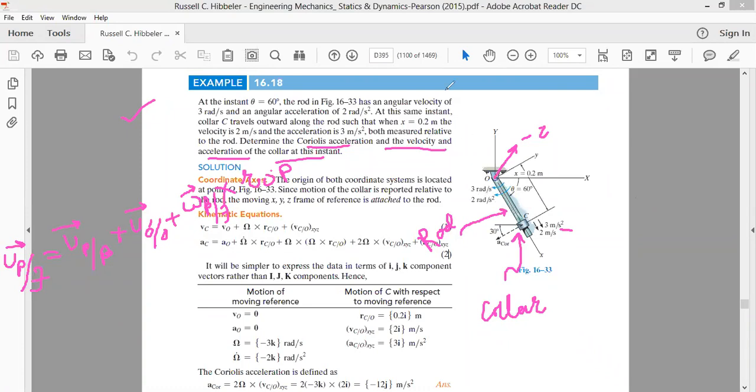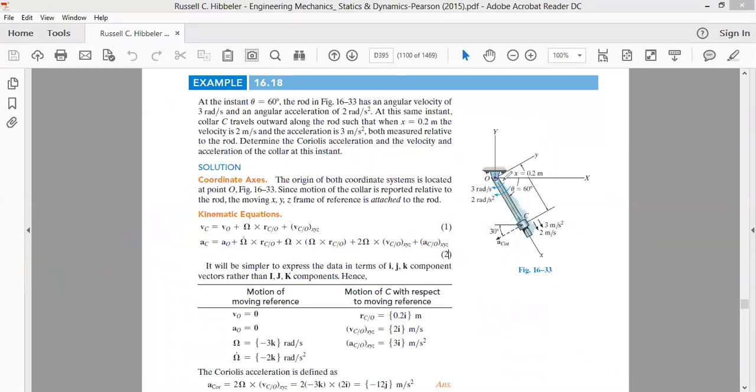This is what we have to find out. Let's first of all write down what things we have been provided. First of all, before you go ahead, denote your frames of reference. As far as the rod is concerned, the rod is rotating. The angular velocity of the rod is 3 radian per second, and angular acceleration of the rod is 2 radian per second square.